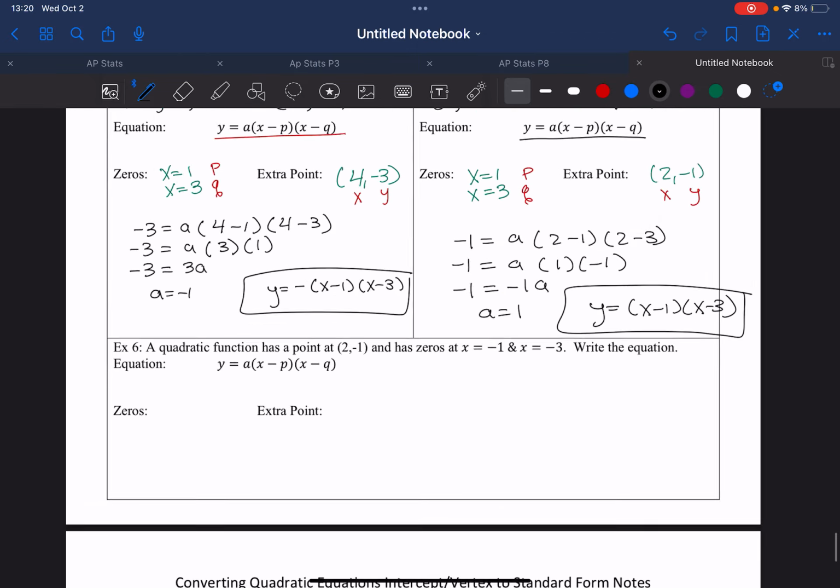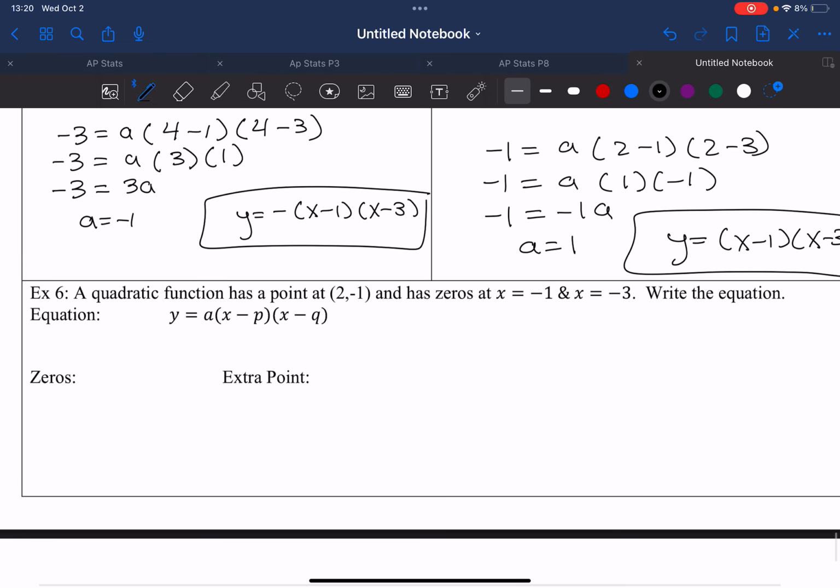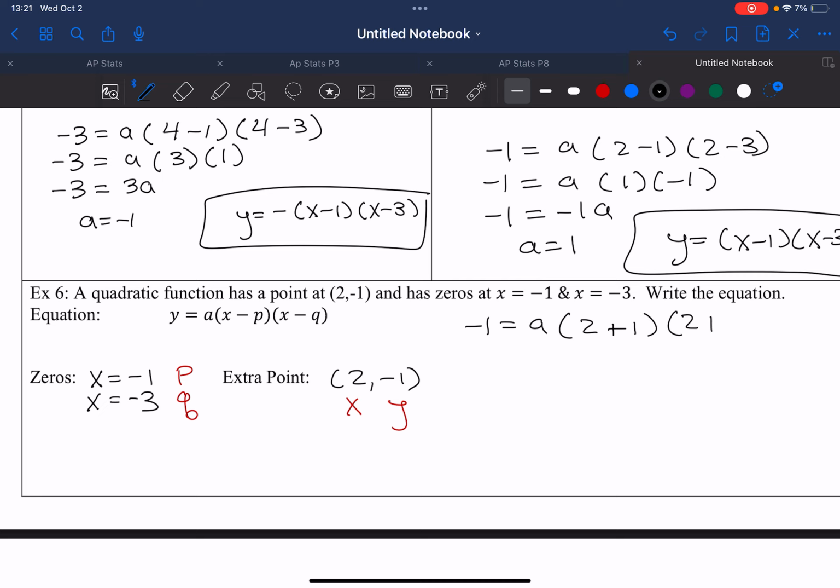Okay. And then my last example here, they already give us the values. So it gives me my extra point of (2, -1), and it gives me my zeros of x equals -1 and x equals -3. So I know this is my p and q value, and this is my x and y. So plugging it in, I have -1 is equal to a(2 plus 1), because it's minus a negative, and then (2 plus 3), because again, minus a negative.